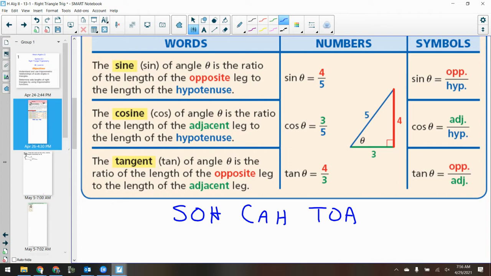Like HOMES is a way to remember the Great Lakes: Huron, Ontario, Michigan, Erie, Superior. Never heard of that?